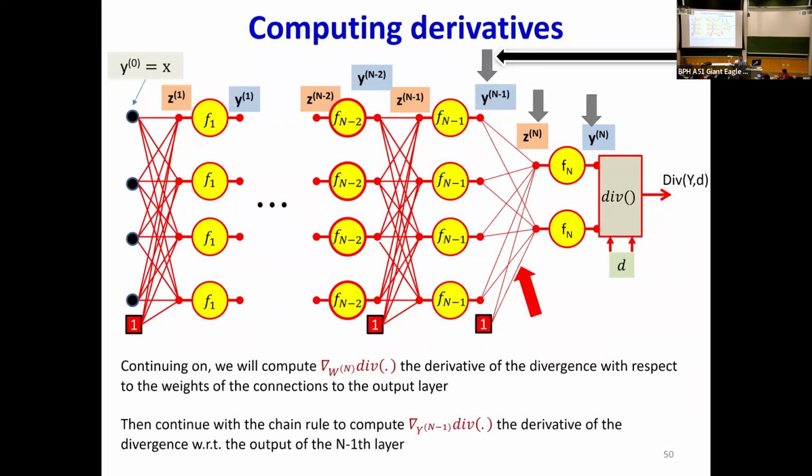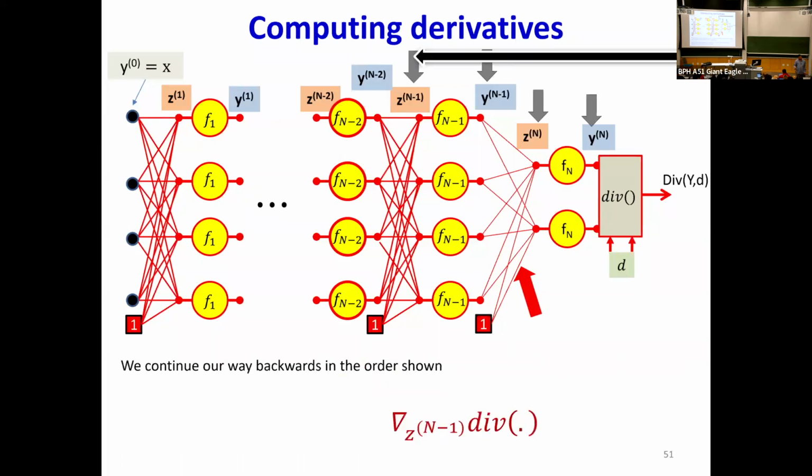And then you take a step back and compute the derivative of the divergence with respect to the outputs of the penultimate layer, the second to last layer. Again, because you're chaining perturbations, right? The chain rule is going to get repeatedly applied. You always have to think of it in terms of derivatives representing how much a small perturbation of the value changes the output. And the way you would do it is how much does perturbing this guy perturb this one, and how much does perturbing this guy change the output.